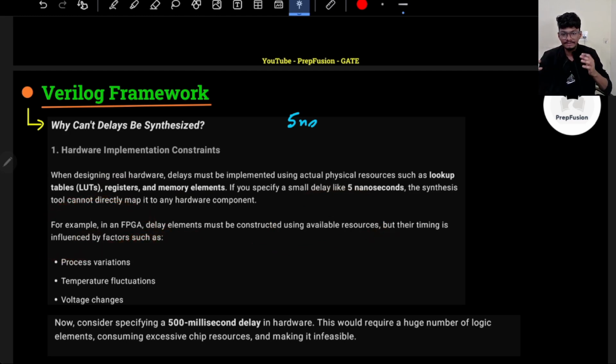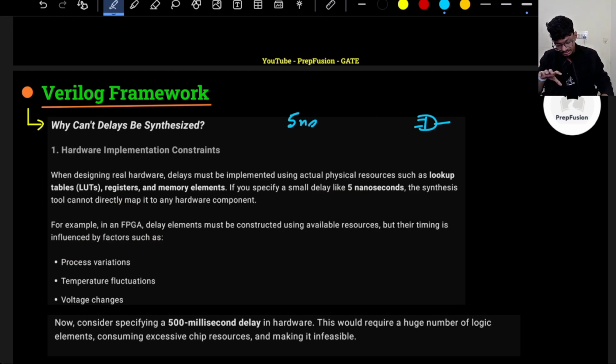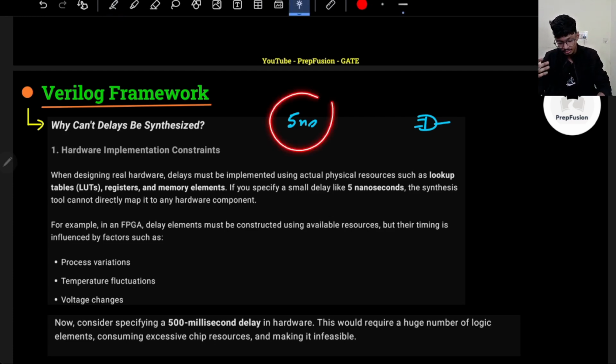So let's say you want to synthesize a delay with an AND gate, just as a basic example. Now the delays are not constant. They vary. Let's say this AND gate has a delay of 5 nanoseconds, and you try to implement this hardware for simulating the 5 nanosecond delay.